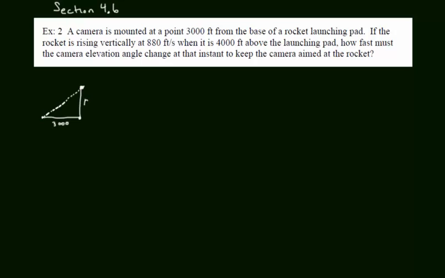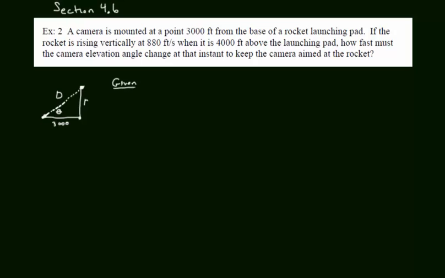Then we have this other distance from the camera to the rocket, and let's just call that d for distance. Then we also have a theta here, the angle of elevation, because the camera is going to follow the rocket. Now theta is in radians. Alrighty, so we're ready to do the problem.